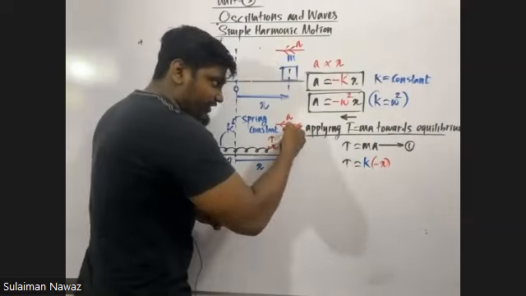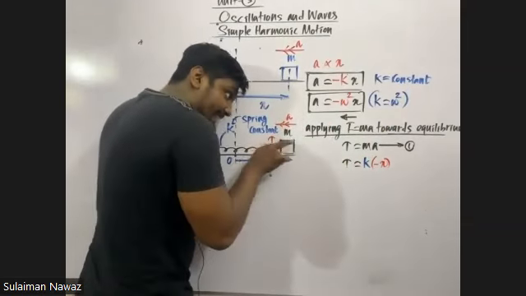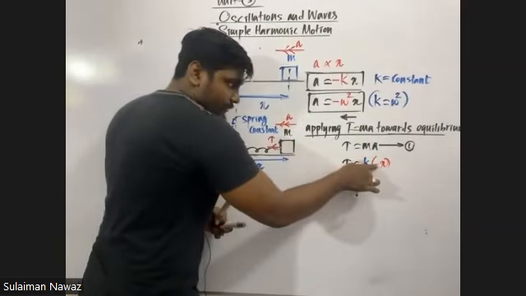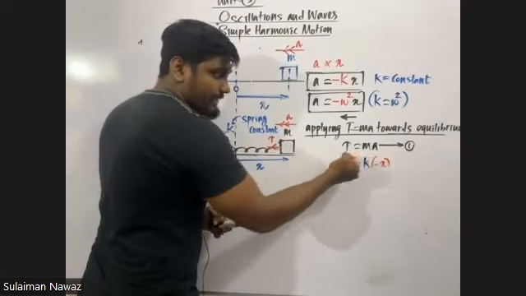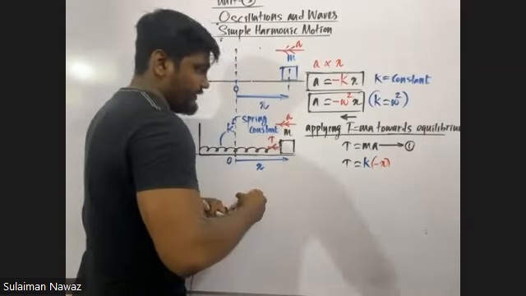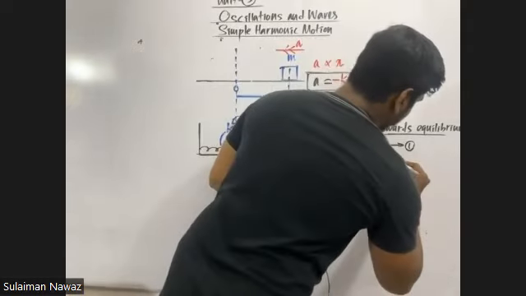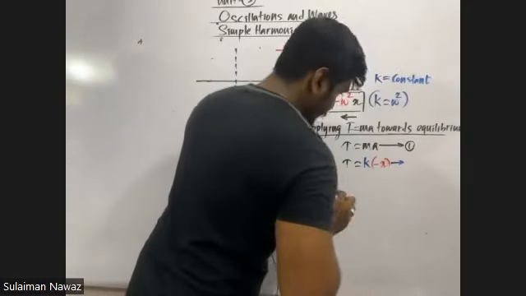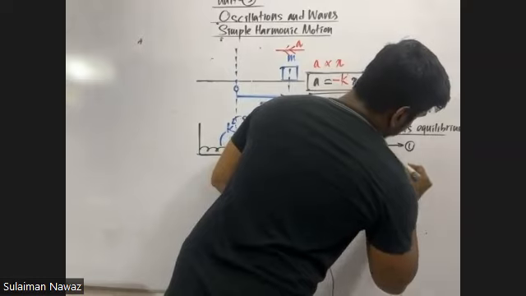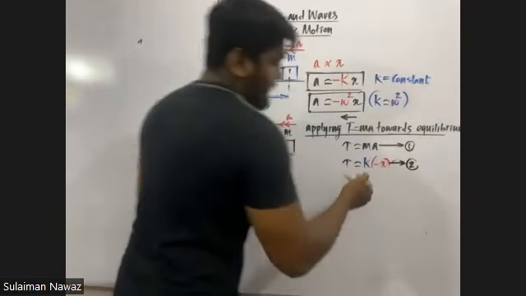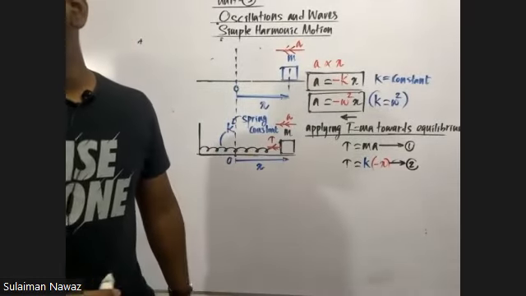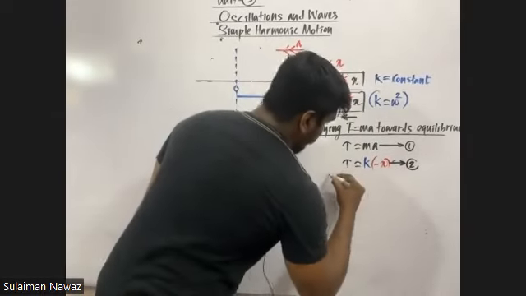Therefore, we use minus to show the opposite relationship. This will be my equation 2.